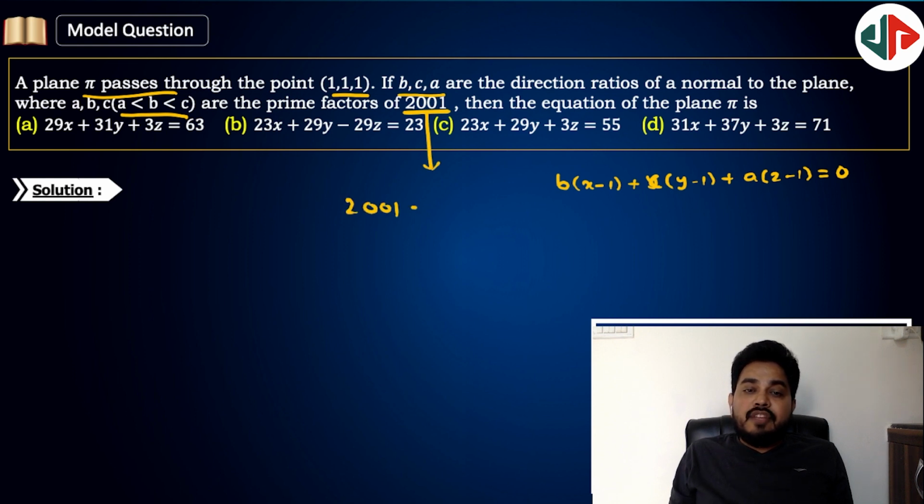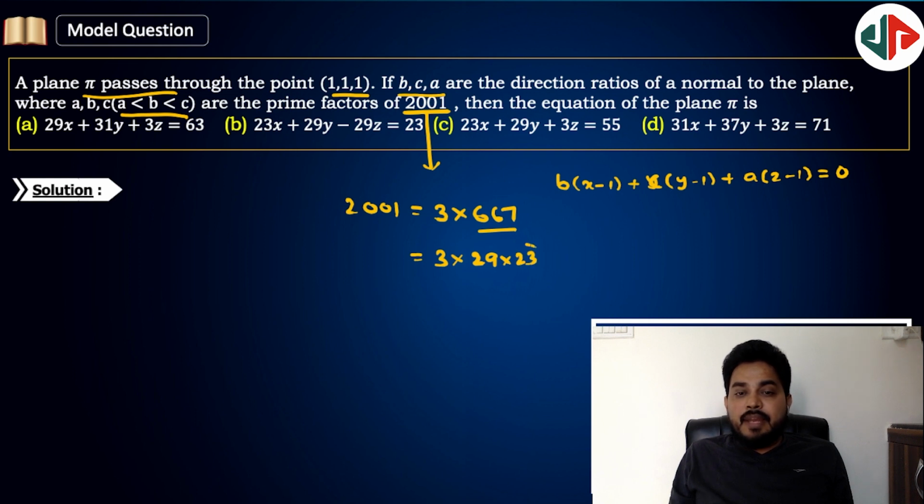2001 is equal to 3 times 667. 667 can be written as 29 into 23.